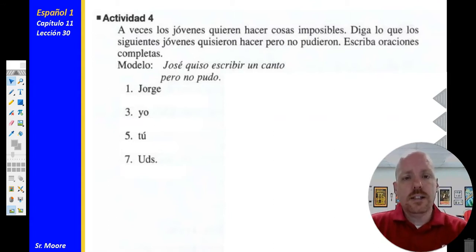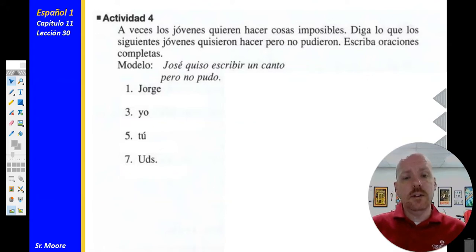A veces los jóvenes quieren hacer cosas imposibles. At times, young people want to do impossible things. Diga lo que los siguientes jóvenes quisieron hacer, pero no pudieron. Tell what the following young people wanted to do, but were not able. Escriba oraciones completas. Write complete sentences. So let's look at the modelo here, the example.